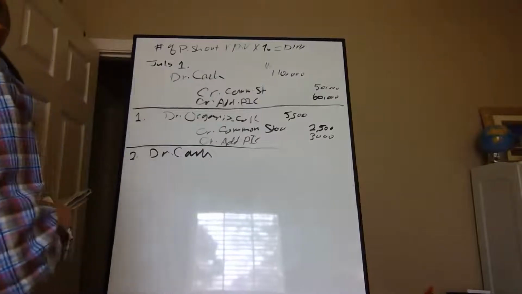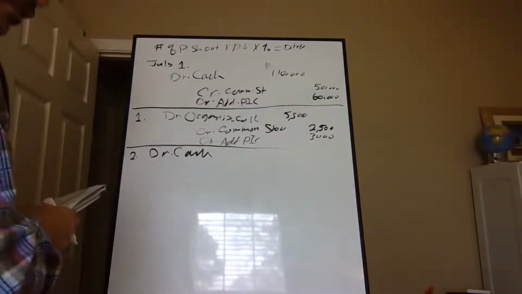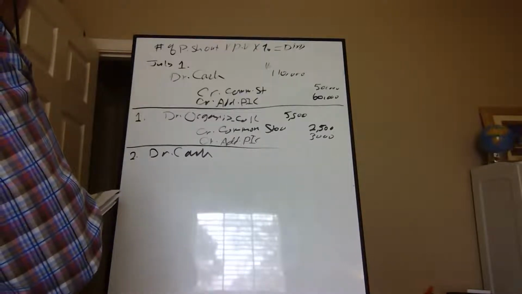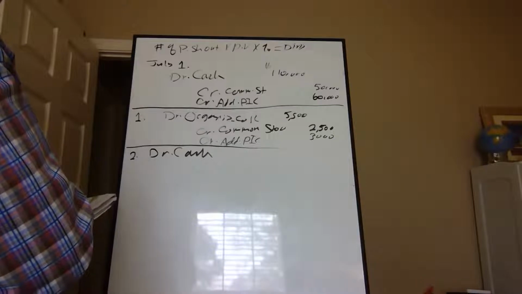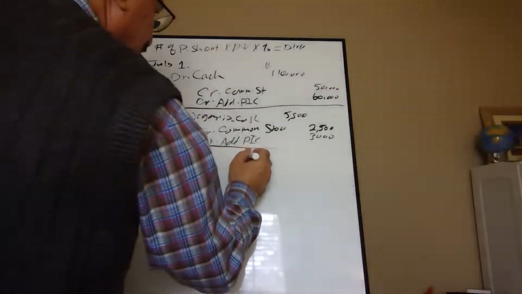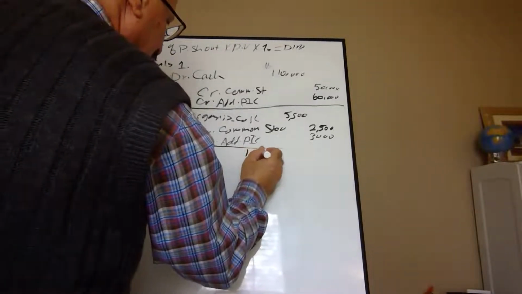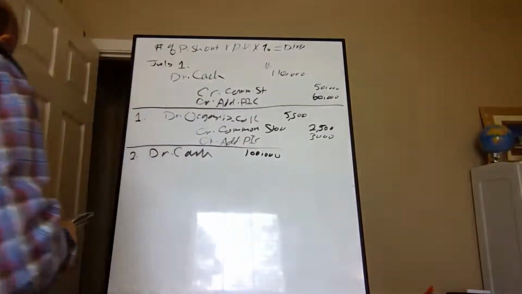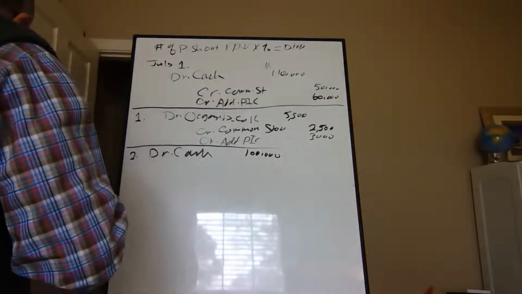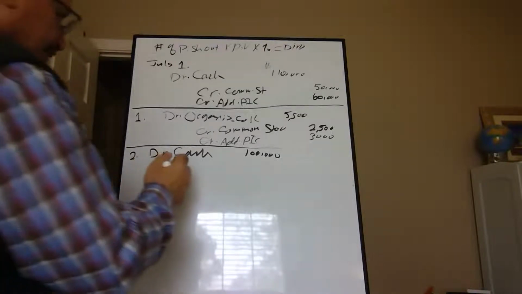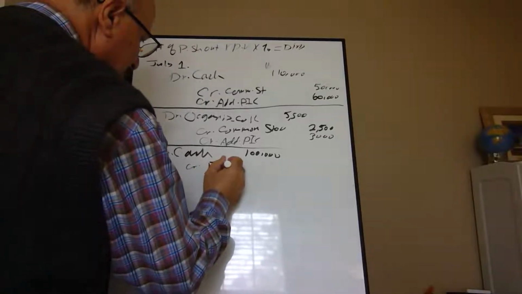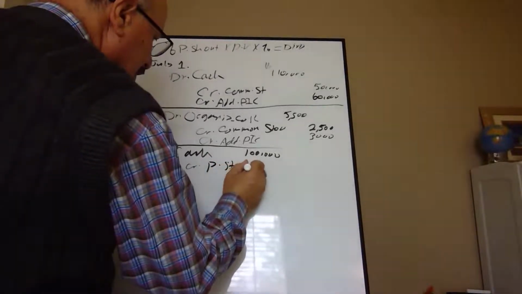What is the par value of the preferred shares? In the introduction of the problem it is $100. So 1,000 shares at $100 is going to give us $100,000. We debit cash $100,000, and we credit preferred stock at $100,000.